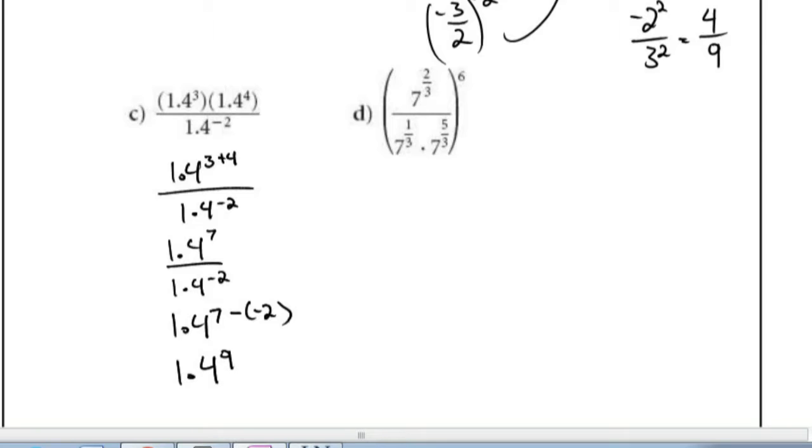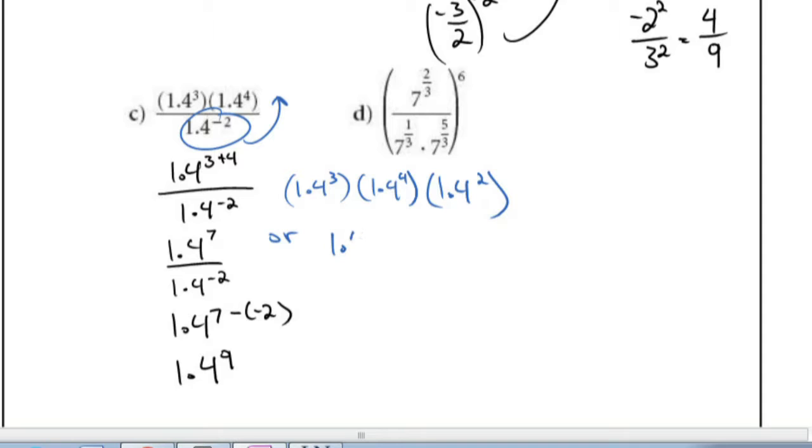I could have done it this way. I could have gone, okay, I have a negative exponent here on the bottom. If I bring it to the top, it becomes positive. So I'd have 1.4 to the power of 3 times 1.4 to the power of 4 times 1.4 to the power of 2.